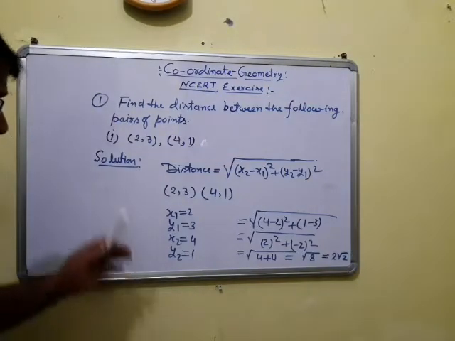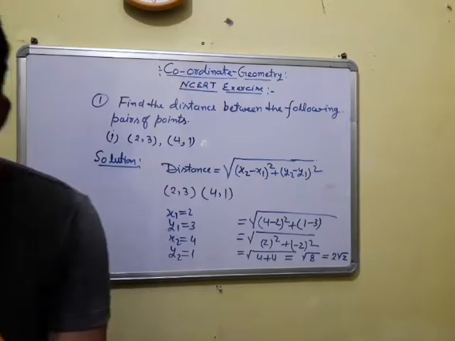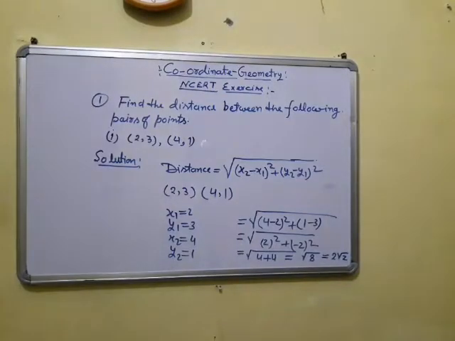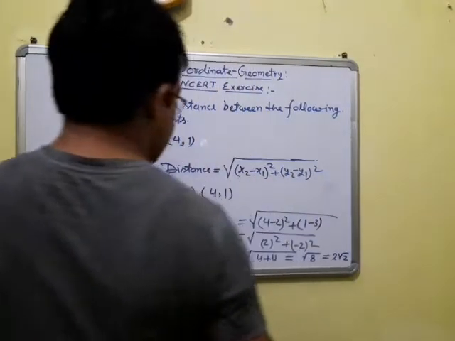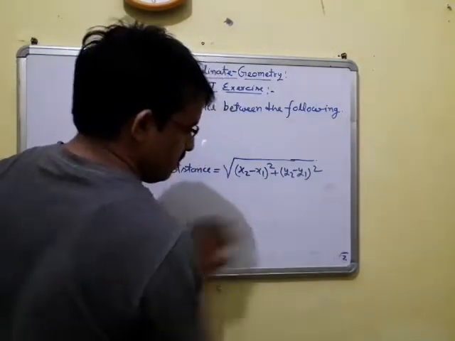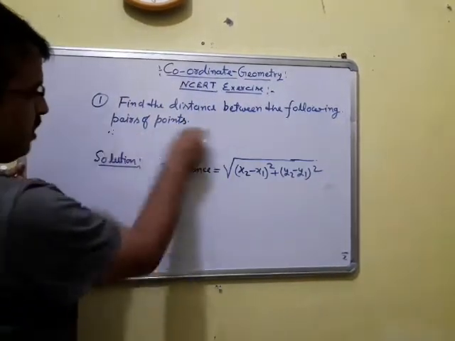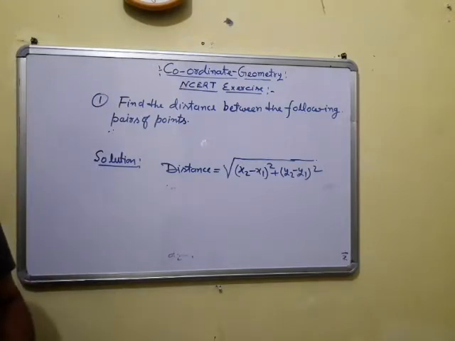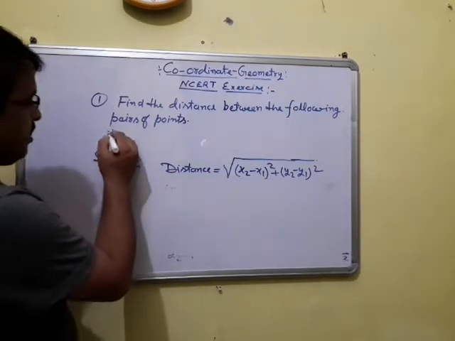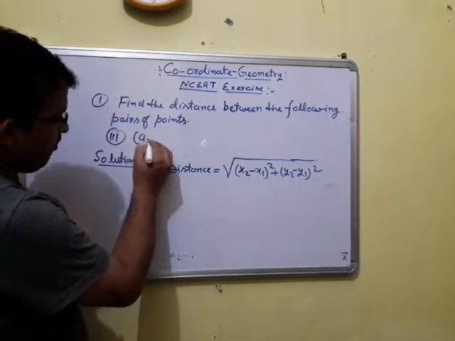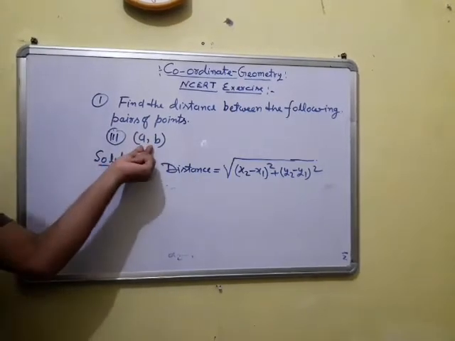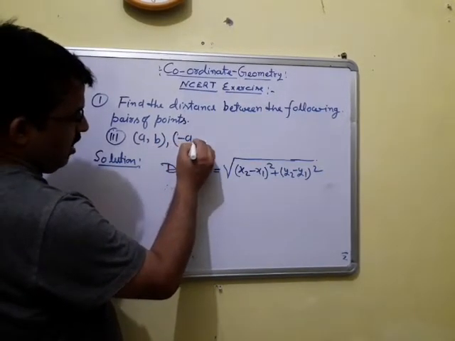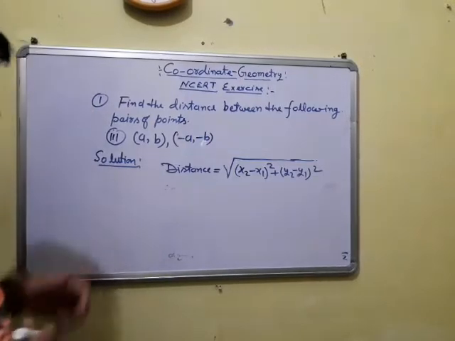Now some other points are also given. Look here, next point we discuss. The third pair is (a, b) and (minus a, minus b), with abscissa first and ordinate second.